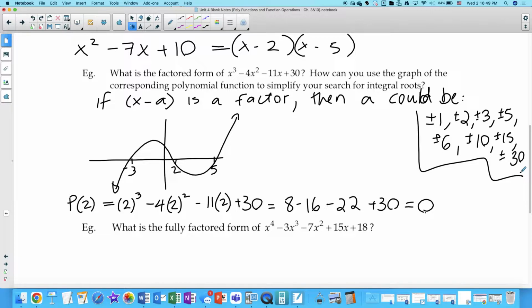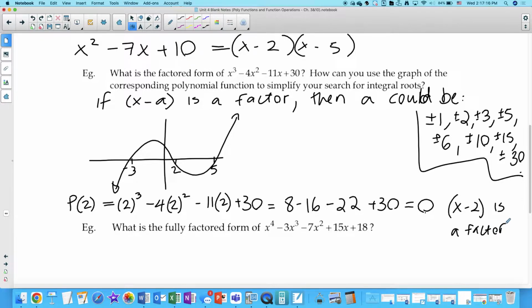And what I would actually recommend that you do, although you guys mostly don't have an issue with this, is if you can pick a positive value, pick that, because sometimes people make mistakes when they're squaring, cubing, whatever, negative values, right? Okay, anyway, we've got this factor. So what we know is x minus 2 is a factor.